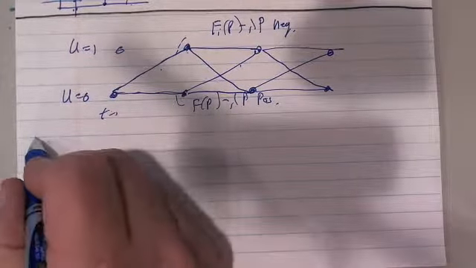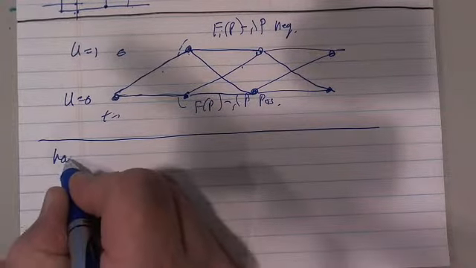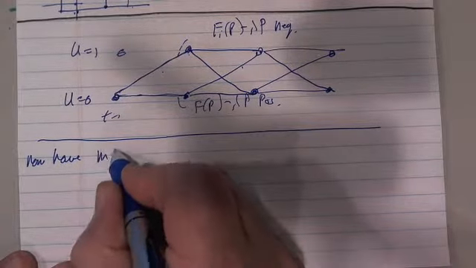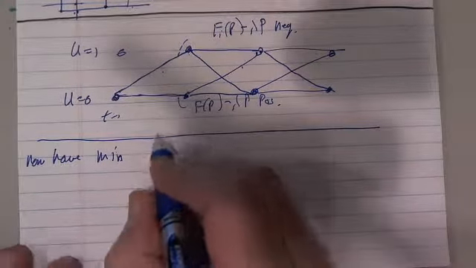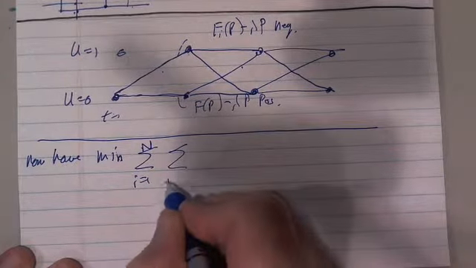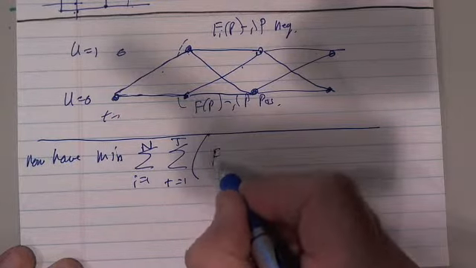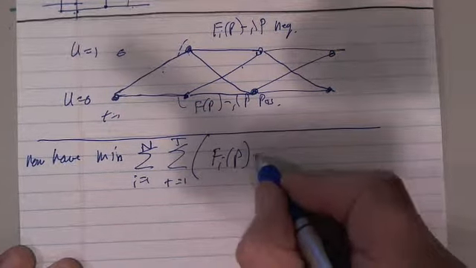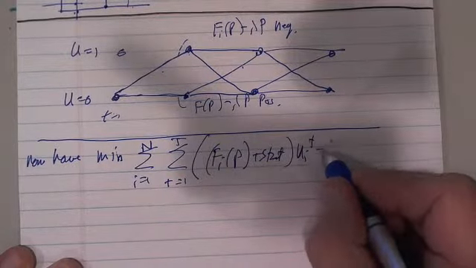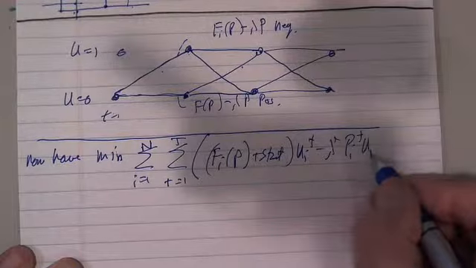Now we get all done, and we now have the min over i equals 1 to n, t equals 1 to T of f i of p plus start-up cost u i of t minus lambda t p i of t u i of t.